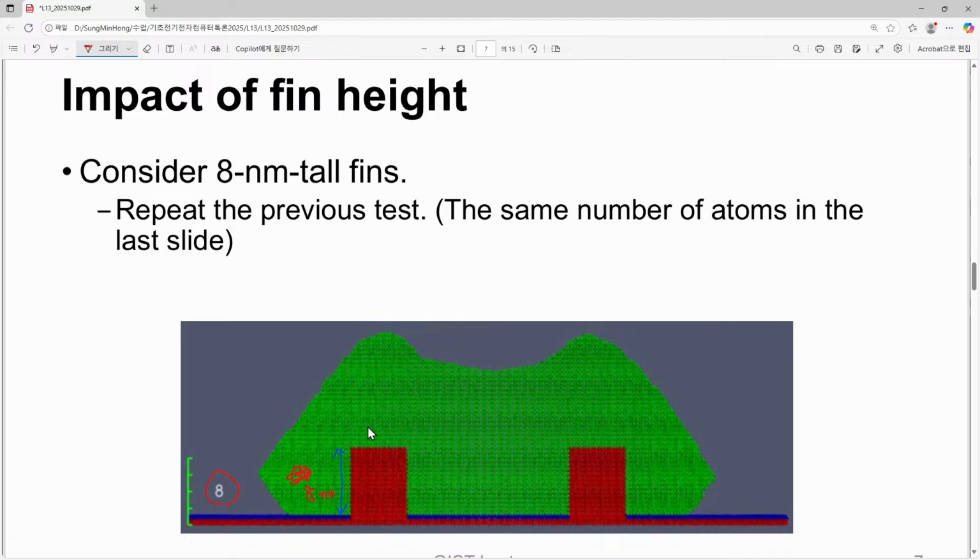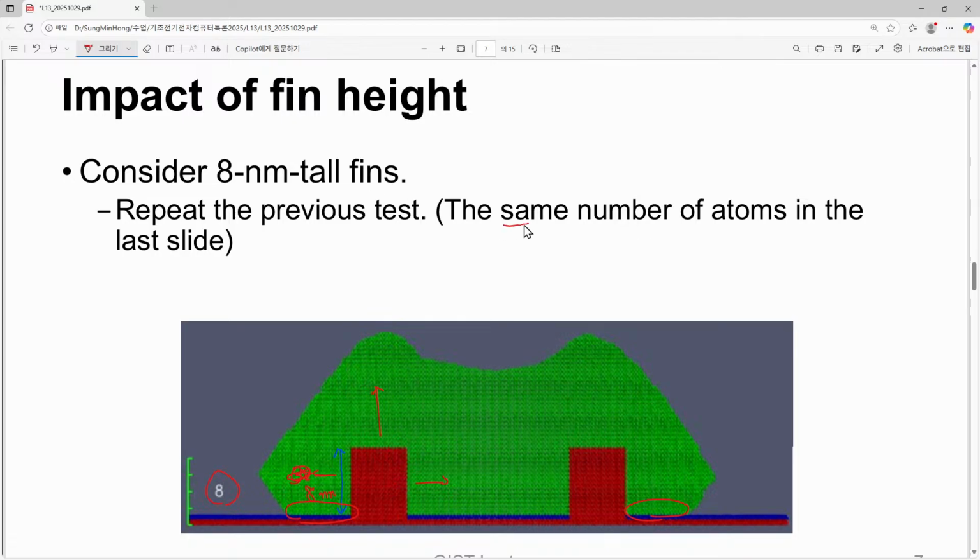In this case, we have vertical growth and lateral expansion. You can see that now we have more expansion here and there. Although we keep the same number of atoms, the profile looks completely different.